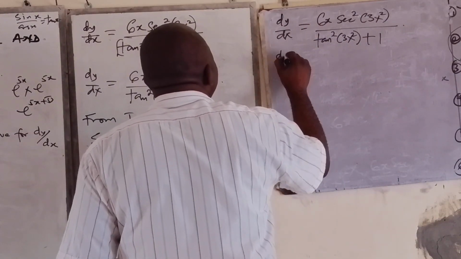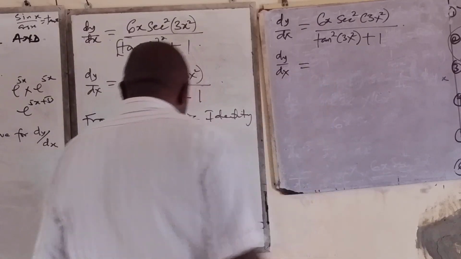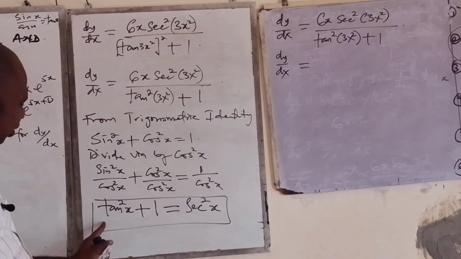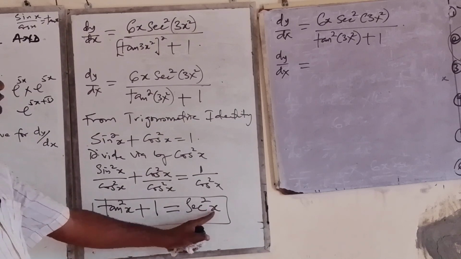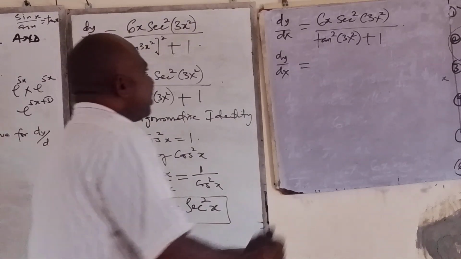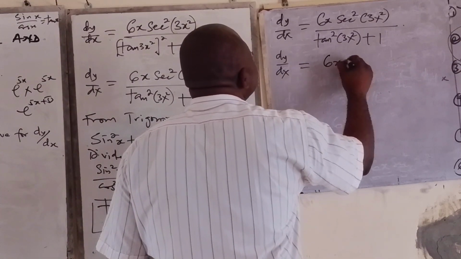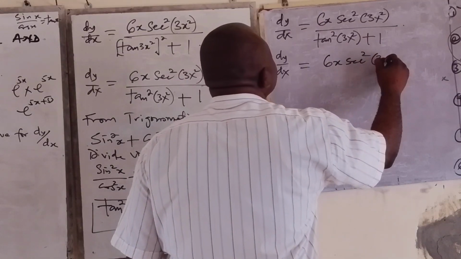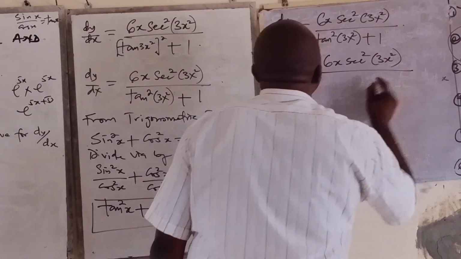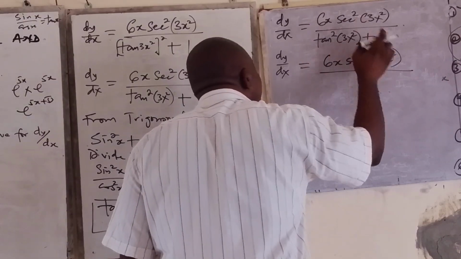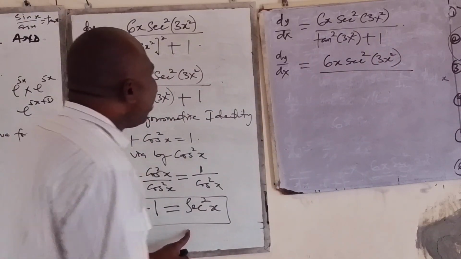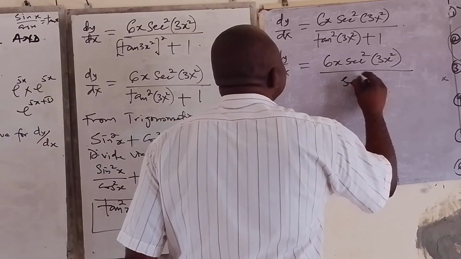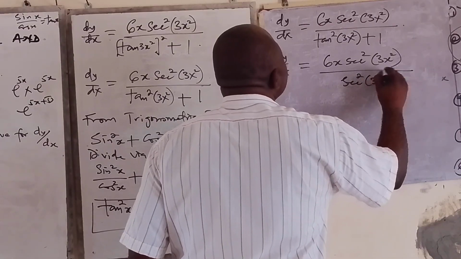Now using the relationship tan squared x plus 1 is equal to sec squared x, this will be 6x sec squared 3x squared over, now tan squared 3x squared plus 1, which will give us sec squared 3x squared.